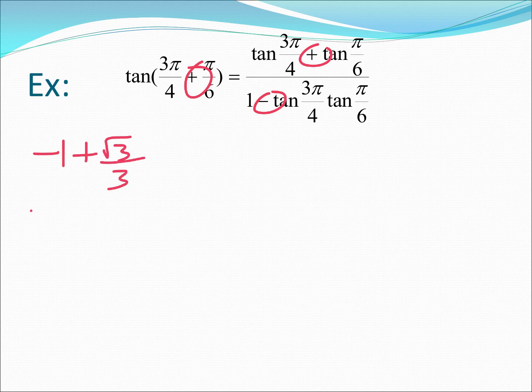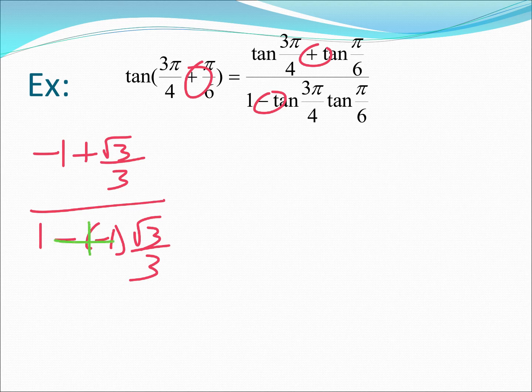And we're going to be dividing that by 1 minus the tangent of 3 pi over 4, which is a negative 1, and the tangent of pi over 6, which is radical 3 over 3. Alright, so on my denominator minus the negative 1, that's going to go ahead and reduce to be plus, right?